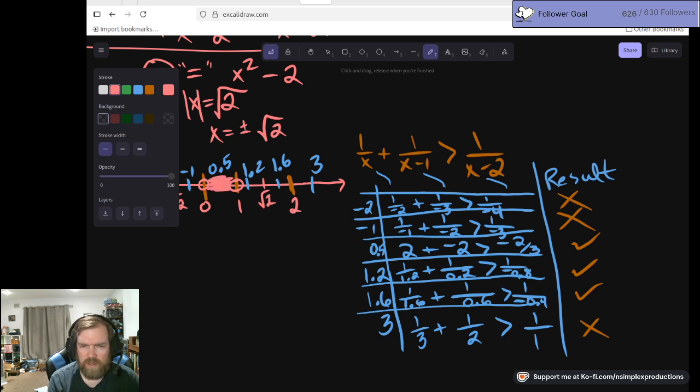Between 1 and √2, all correct. And open at 2.